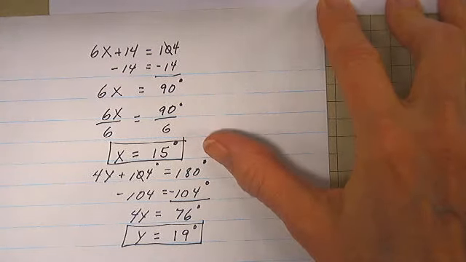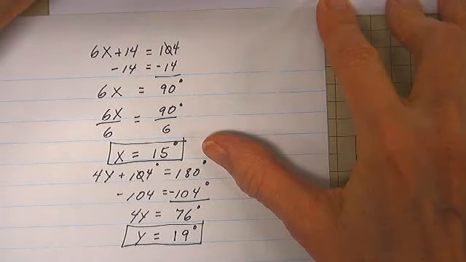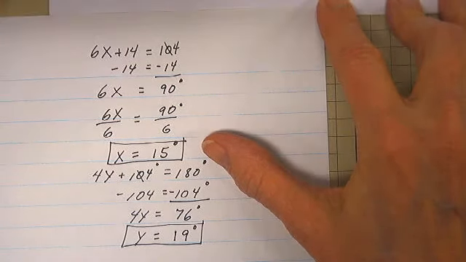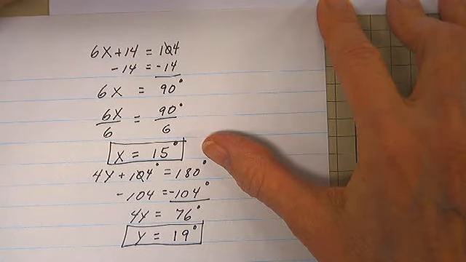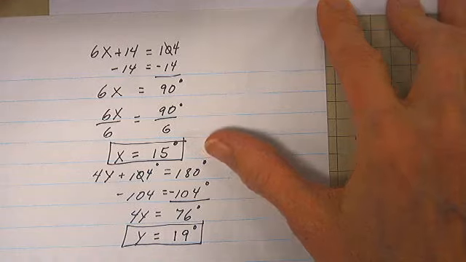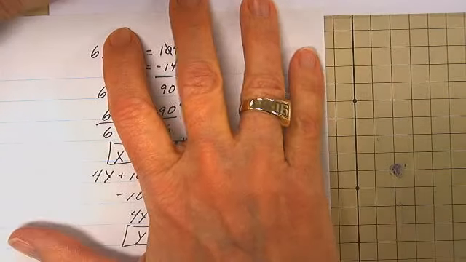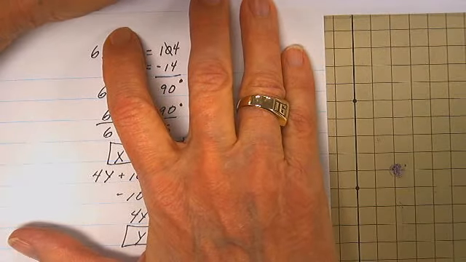Regardless, if PT is the bisector, bisector means what? Bi is two, sect is to cut. Ray PT is the bisector.